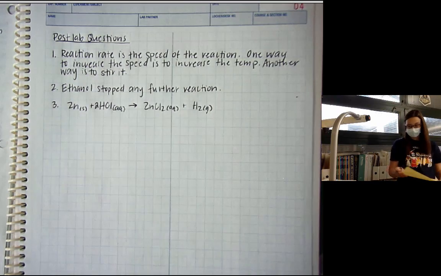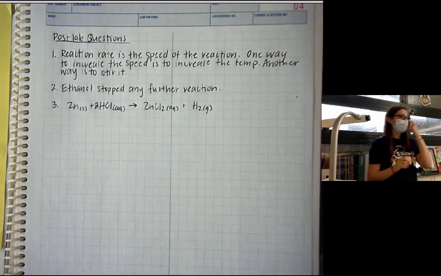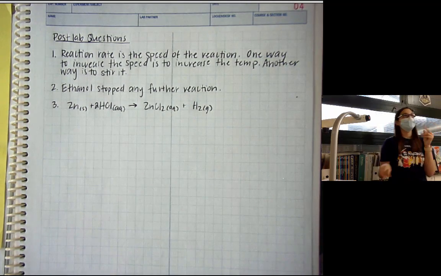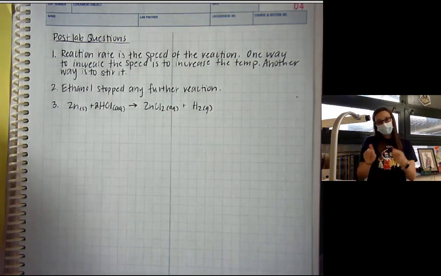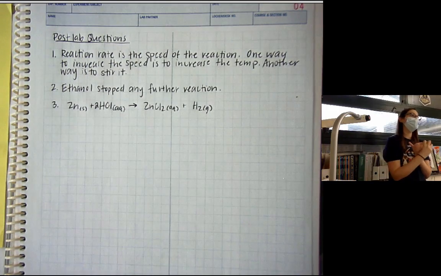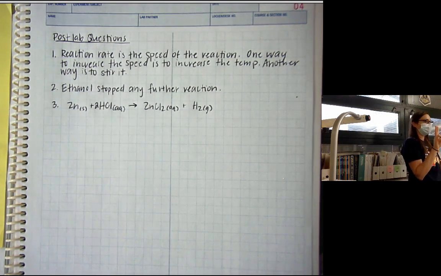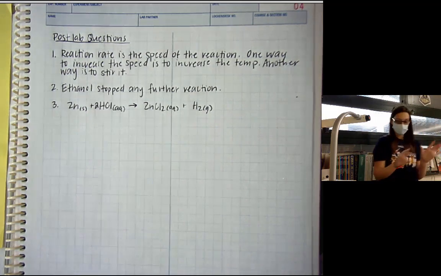So strong acids. Let's go through the strong acids first. There are 7 strong acids that you need to know. They are HCl, HBr, HI, HNO3, H2SO4, HClO3, HClO4. Right, those are your 7.